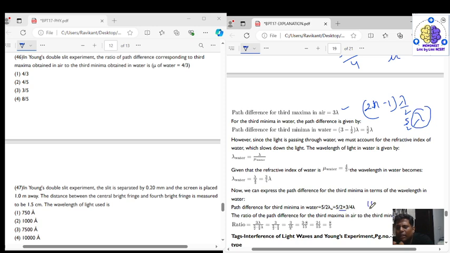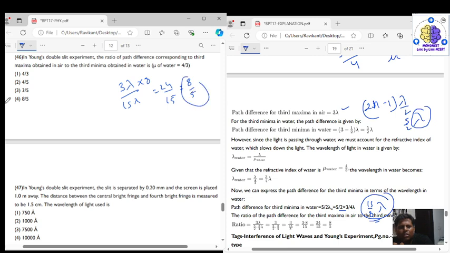So we'll get 15 upon 8 lambda, right? So they want the ratio of 3 lambda to 15 upon 8 lambda. So multiply with 8. This will give you 24 upon 15, which is equal to 8 upon 5, right? So the correct answer is option number 4, right?